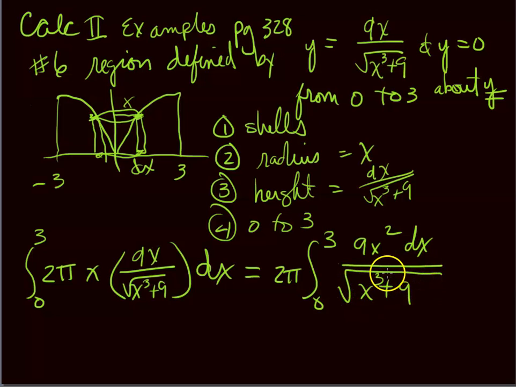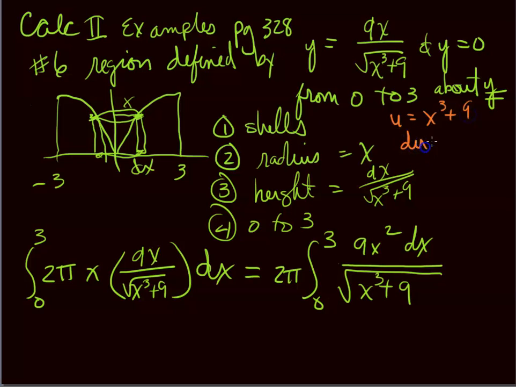Now, many times you pick what's inside. If you can, you pick the whole square root. But in this case, let me change colors. These are Christmas colors, I guess. U is going to equal the x cubed plus 9.